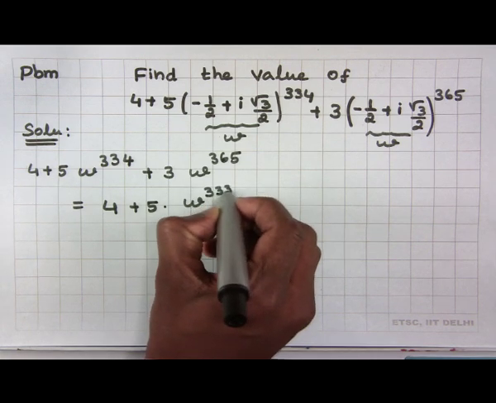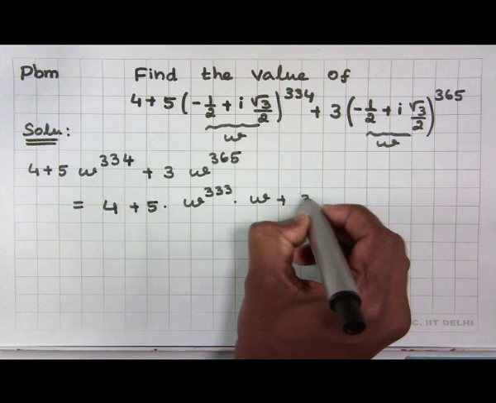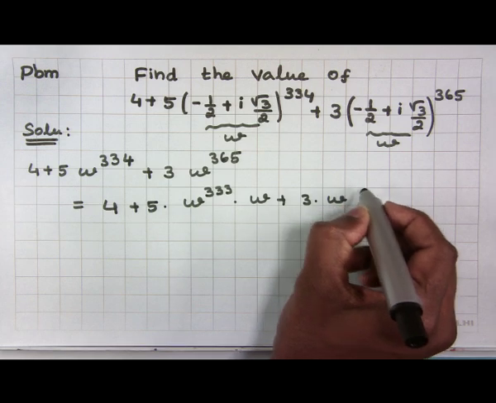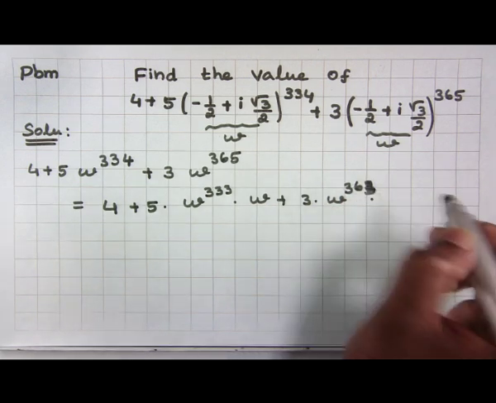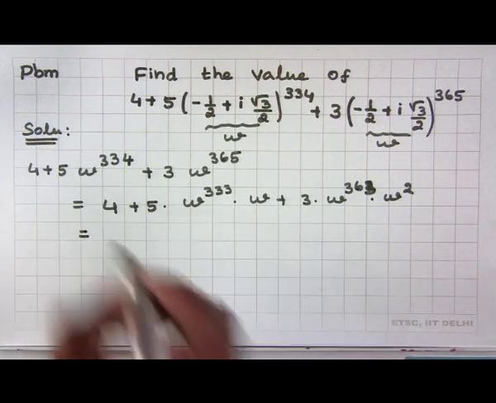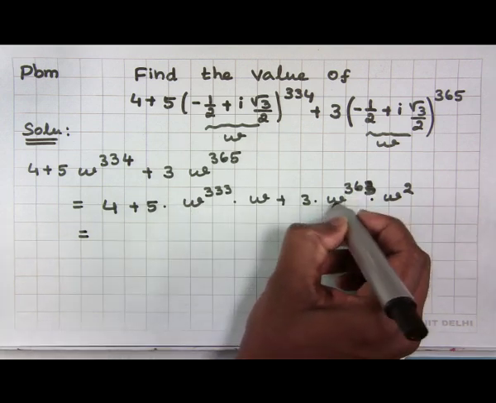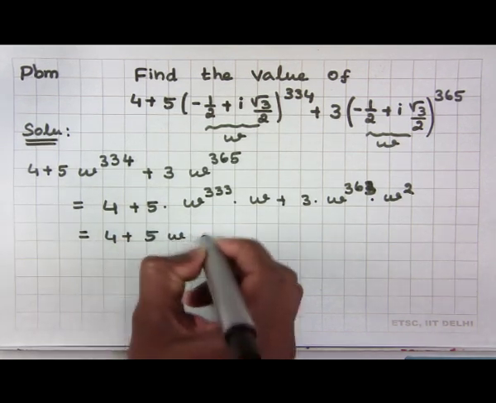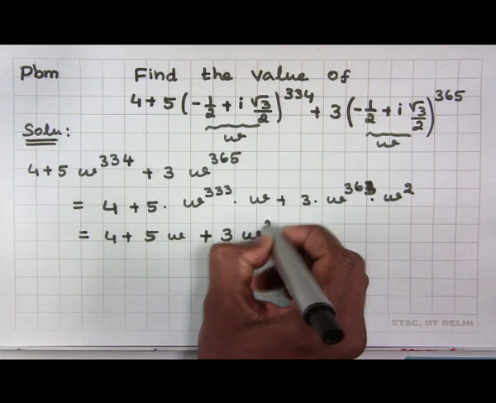which is 333, multiplied with omega, plus 3 times. Again we can split the power such that one is a 3 multiple, which is 363, and this is omega square. So, this term is 1, and again this factor is 1. So, what we get is 4 plus 5 omega plus 3 omega square.